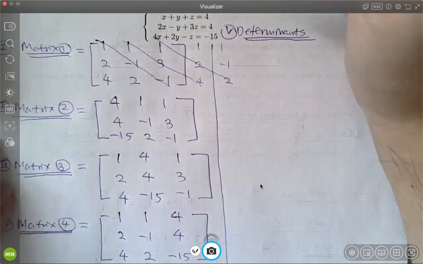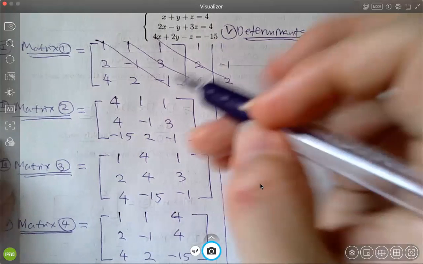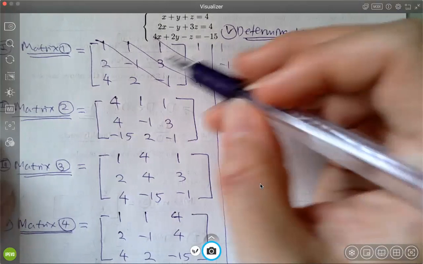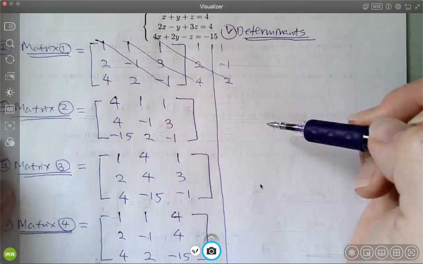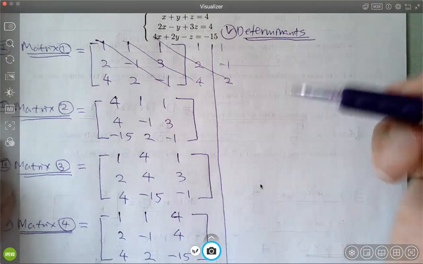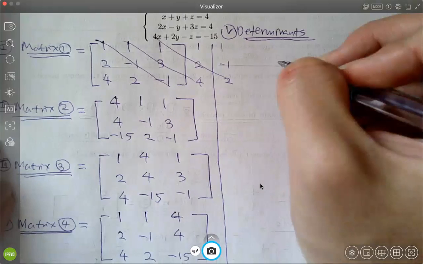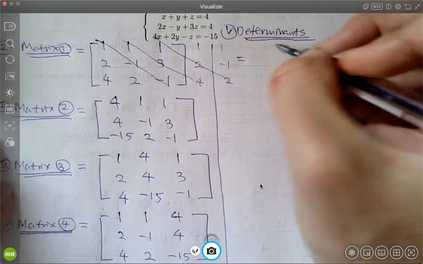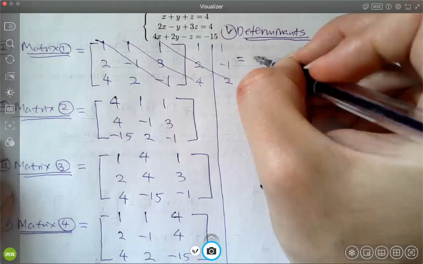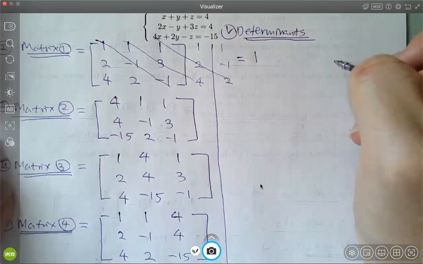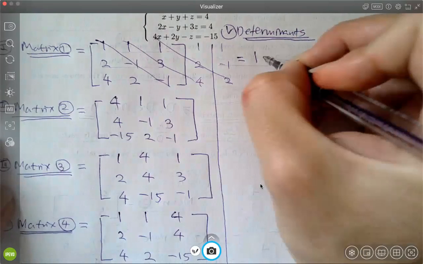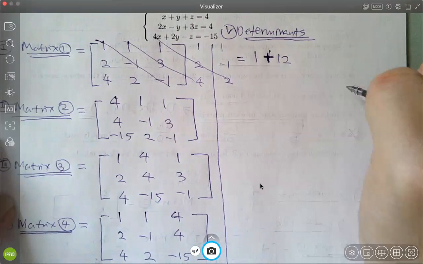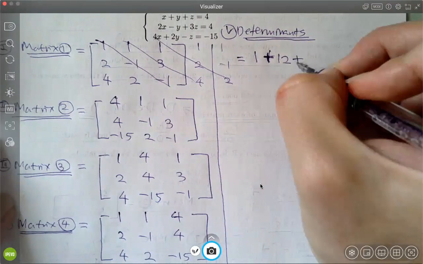Now for each diagonal, we multiply. And then for this direction, we add. Remember that? Again, be careful with algebra here. So what do we get? 1 times -1 times 1, or -1, so that's 1. Plus 1 times 3 times 4, so that's 12. And another plus 1, 2, 2, so that's 4.